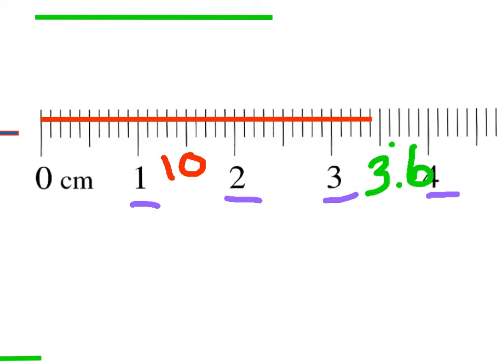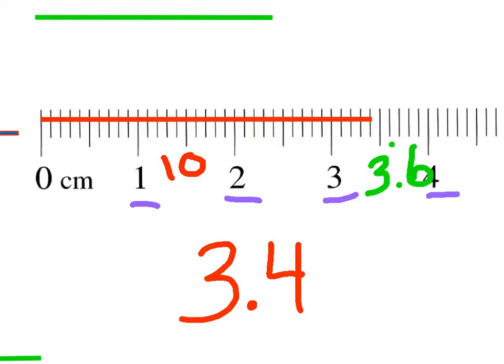So we have our red line. We know for sure that it's going to be greater than 3 because that's going to be our ones value, because it's past the 3 but not to the 4. Then for our tenths, I know it's gone past 1, 2, 3, 4 of those tick marks. So it's in between 4 tenths and 5 tenths.